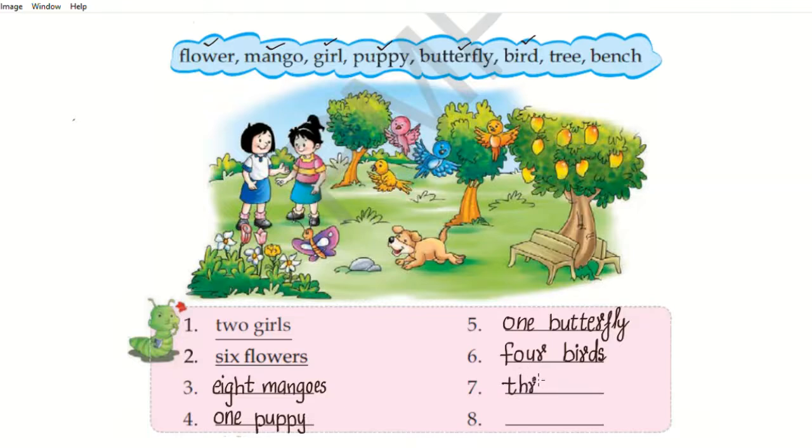Children, let's count. 1, 2, 3. There are 3 trees. So let's write it at number 7. 3 trees. Last word is bench. And there are 2 benches. So at number 8, write 2 benches.